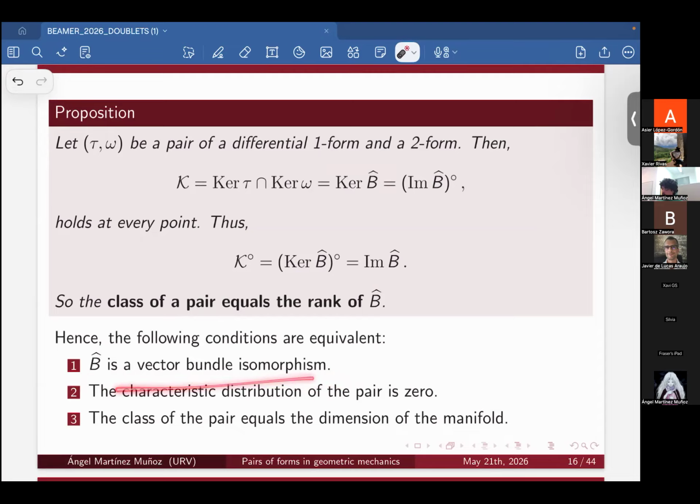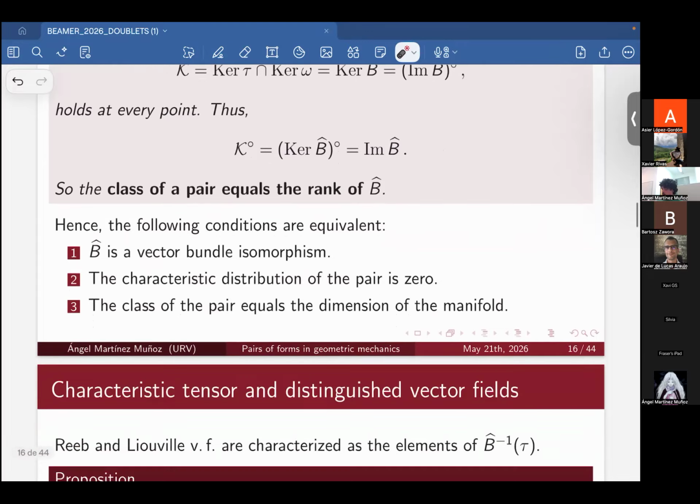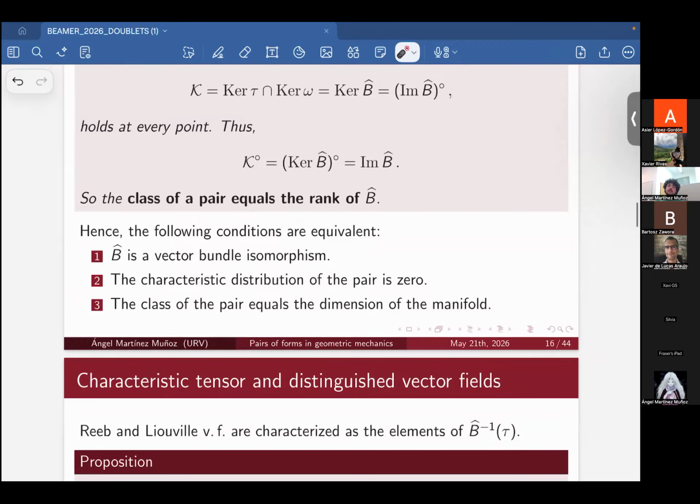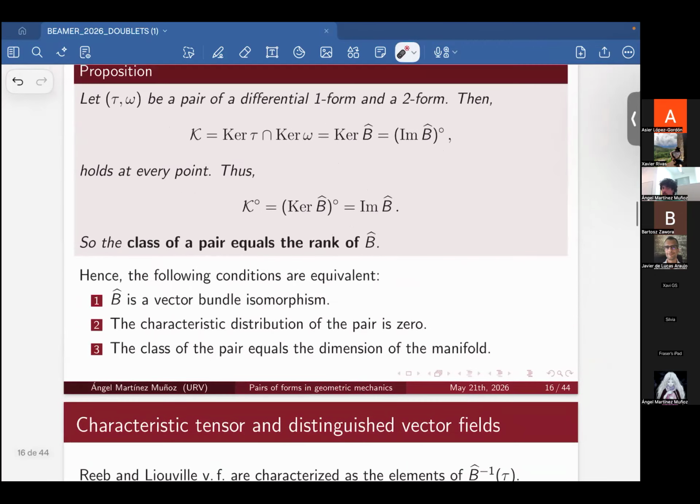Well, this is equivalent to the characteristic distribution being 0 and to the class being equal to the dimension of the manifold. So basically, if you want an isomorphism, then you need the class to be equal to the dimension of the manifold. To be precise, because the class is taken as a codimension, it's always smaller than the dimension of the manifold.